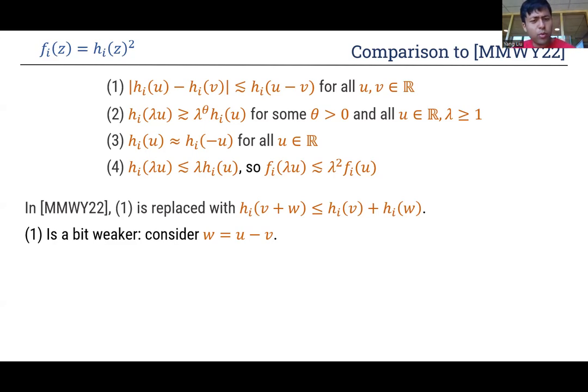Note this one's a little bit weaker, because we can take w to be u minus v, and you can deduce subadditivity from auto-Lipschitzness, but you can't deduce auto-Lipschitzness from subadditivity. So our theorem is a little bit stronger. We have weaker hypotheses that we need to establish our theorem.